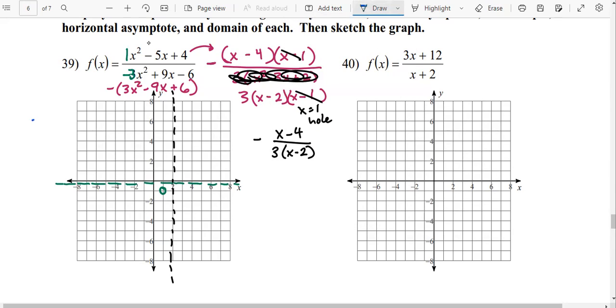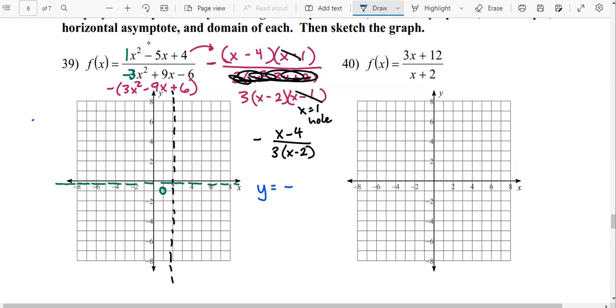Let's confirm that. So we need to find the y-intercept. What's true of the function at the y-intercept? That means that its x value is 0. We can use our simplified version, or we can use the original and plug in zeros for the x's.